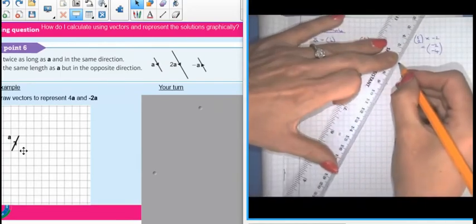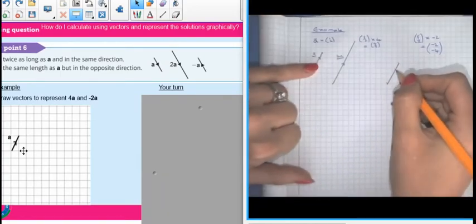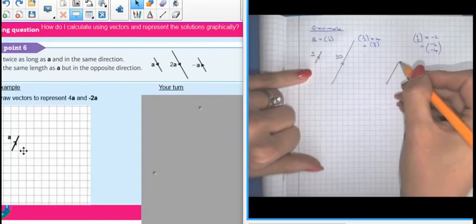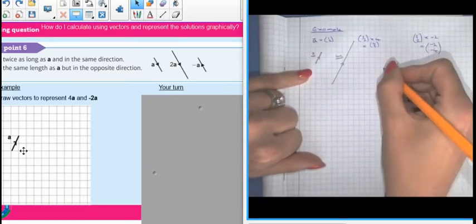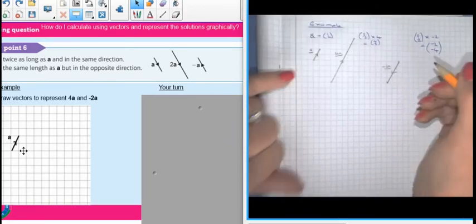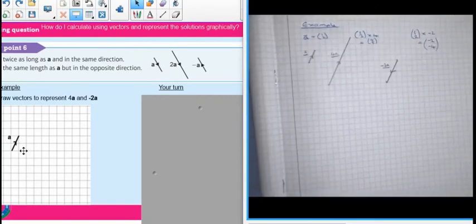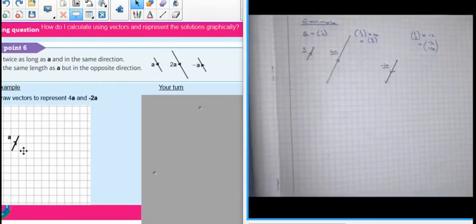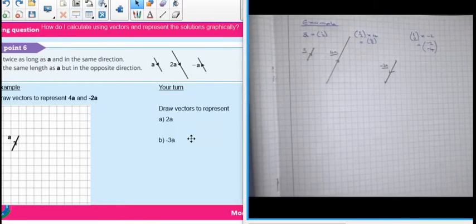Now you'll notice that it's still parallel to A, but it's going in a different direction. I started here and I'm going down here. Okay, I'm going to leave my solutions there with the question. Could you guys have a go at your turn, pause the video, try it, and then we'll go through together.